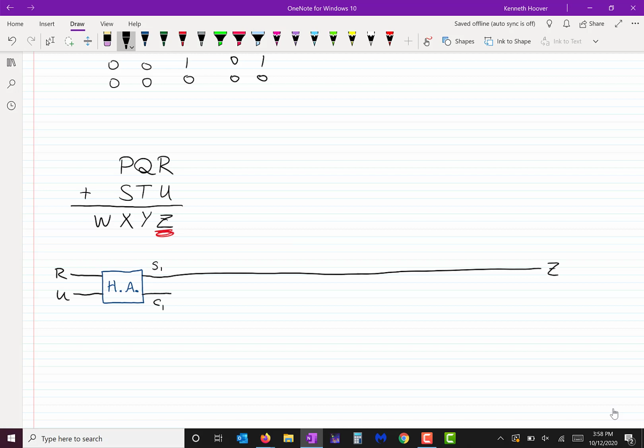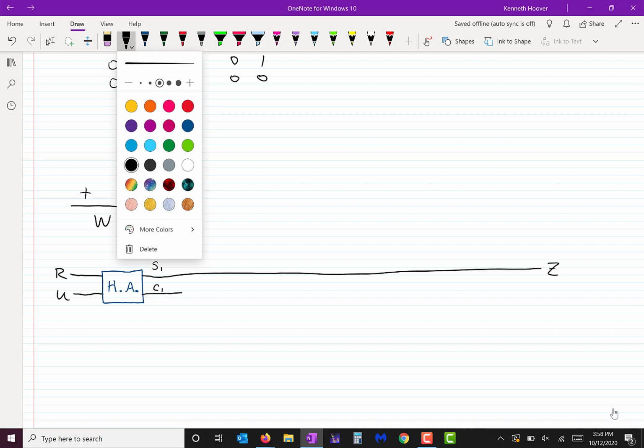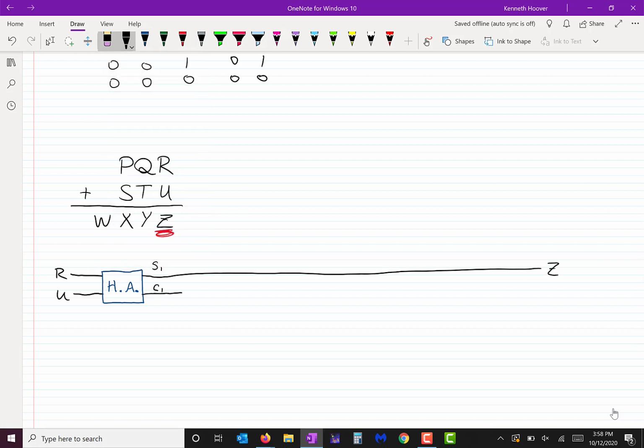Okay, and what you do is you take that carryover digit along with, let me actually write that C1 on top instead of below. Okay, you take that carryover digit along with these two numbers, Q and T, because that's what you would do, right? The carryover goes up here, right?